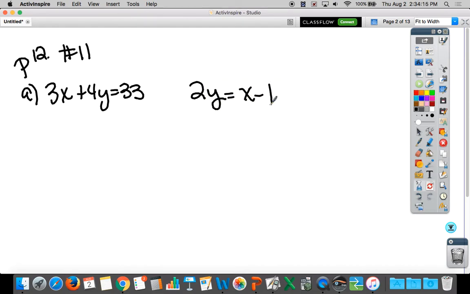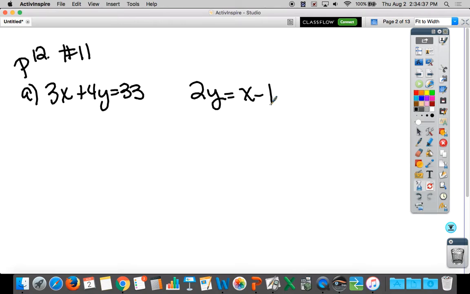Who can remember? How many equations do you have? Two. How many unknowns do you have? Two. 2 equations, 2 unknowns. Like a system of equations.